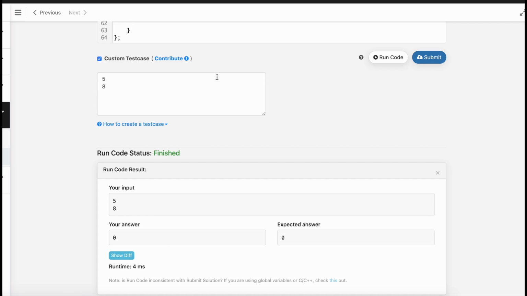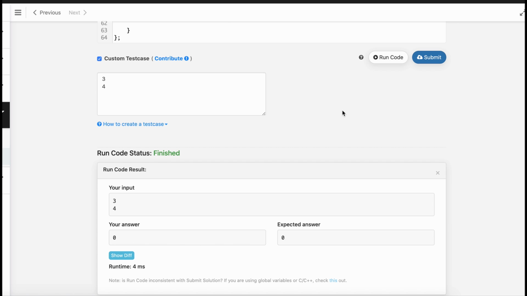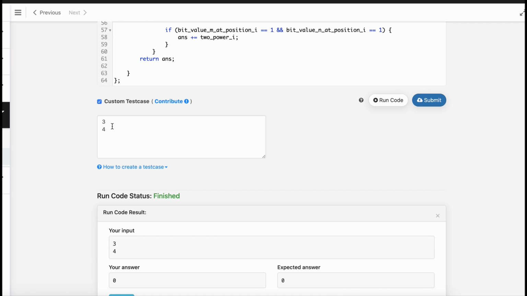What will be the AND operation for 3 and 4? It should give us 0. 3 is 1 1. Oh yes.